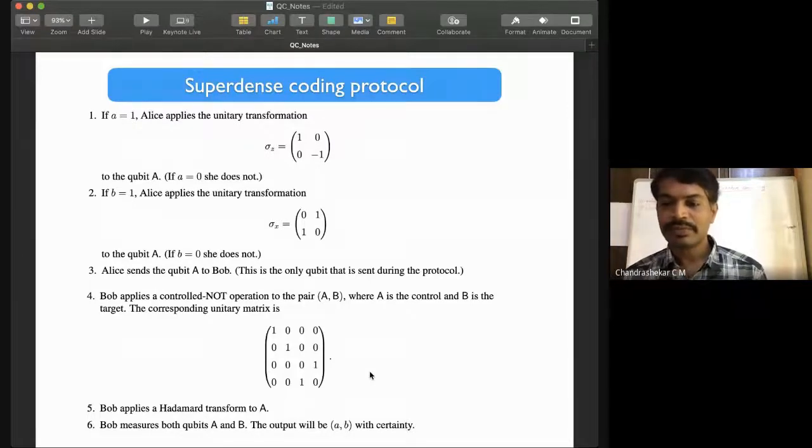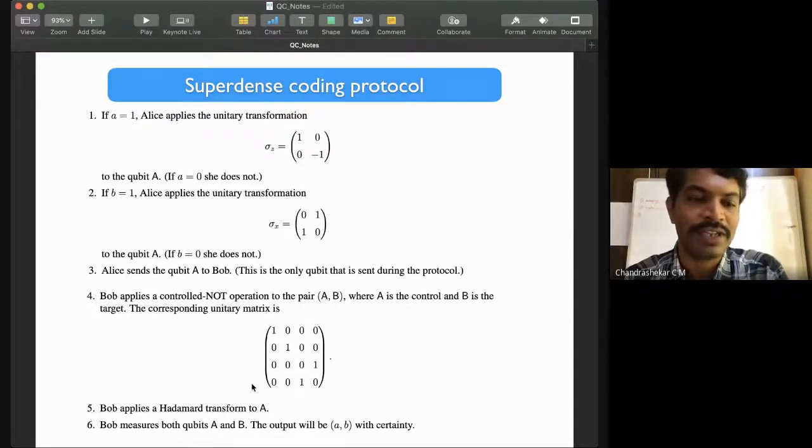Alice sent another qubit. After that, Bob applies a Hadamard transformation on only A, the qubit which Alice had sent. And Bob measures both A and B, and the output will definitely be A and B.